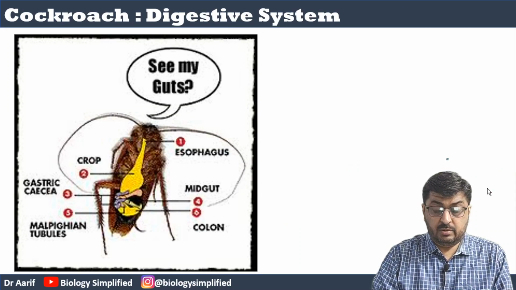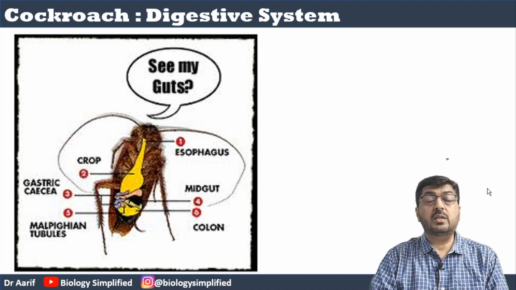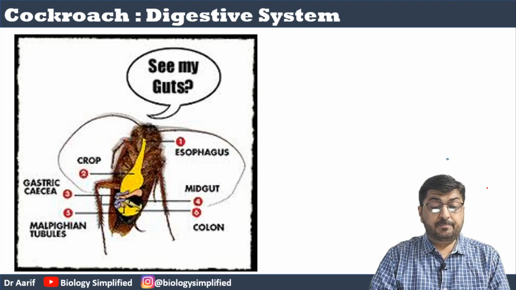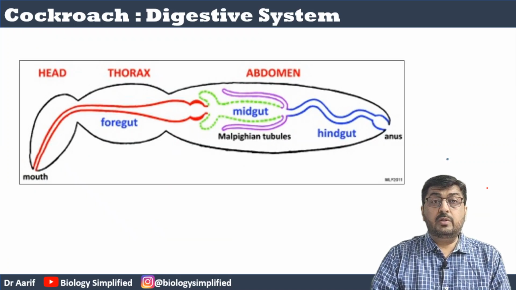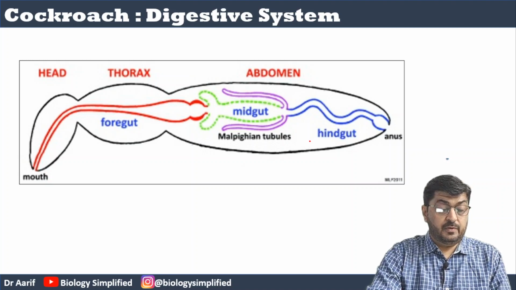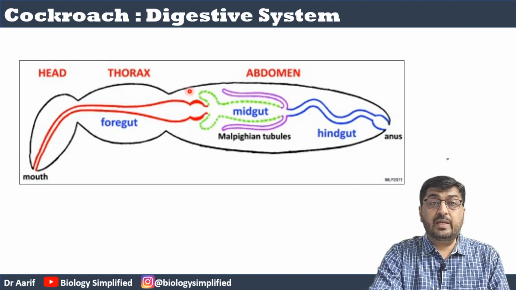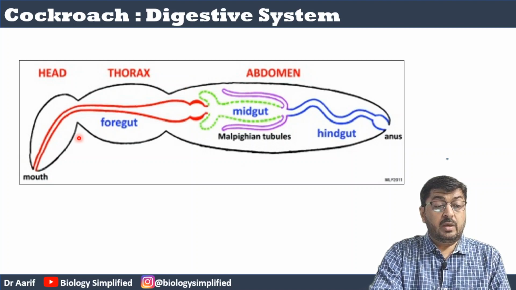So this guy here is challenging us that see my guts. Okay, let's check out the guts of cockroach. Now, the digestive system of cockroach, as you can see in the diagram, is made up of three parts.